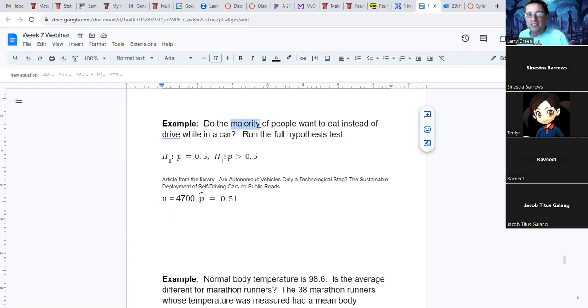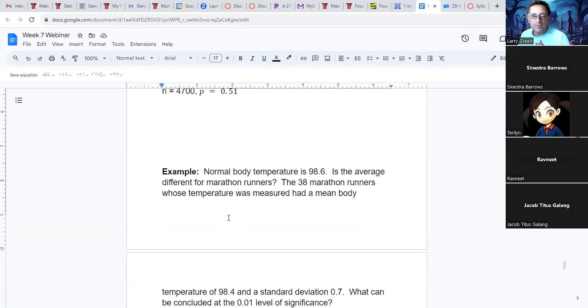So just a note, the majority means anything over 50%. Don't write 51%. Do you see that? Okay, so a P would be 0.5, P, and then greater than 0.5. Okay. So that's what you would do. Does that make sense? Okay, let's look at another one of these.